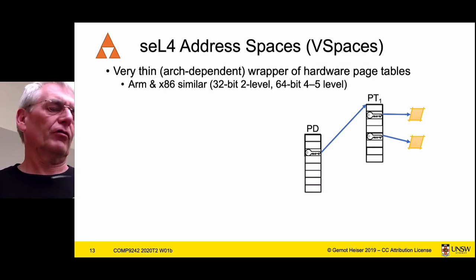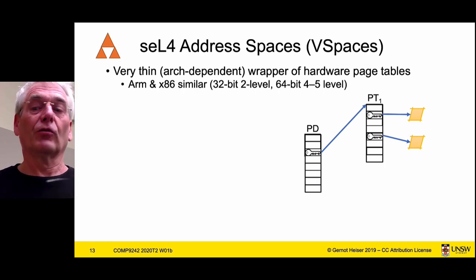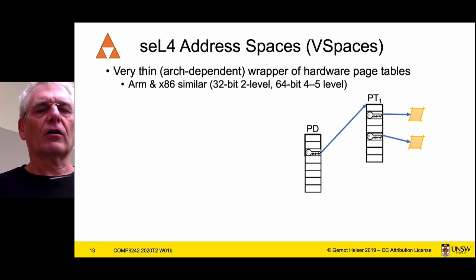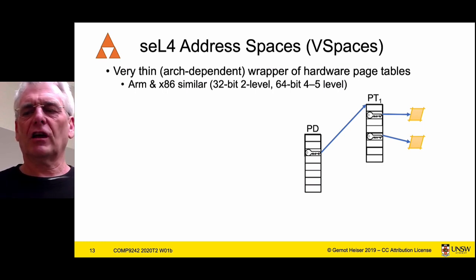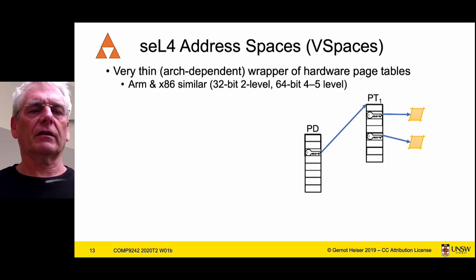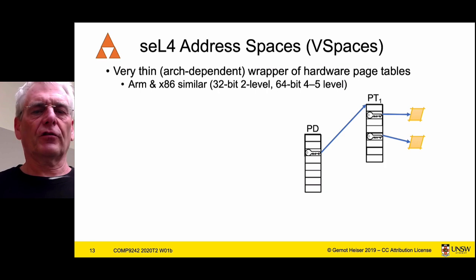If there was a version for PowerPC, for example, it would look very different. ARM and x86 have in common that they have these hierarchical page tables. The 32-bit versions of the architectures have 2-level page tables, and the 64-bit versions have 4 or 5-level page tables. And they are directly represented as corresponding objects in seL4.